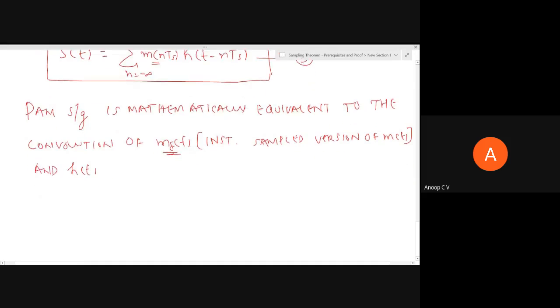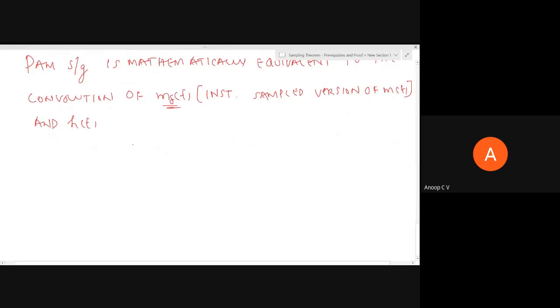h of t is a pulse that spans from 0 to T. This is h of t. So I can now draw the system model.